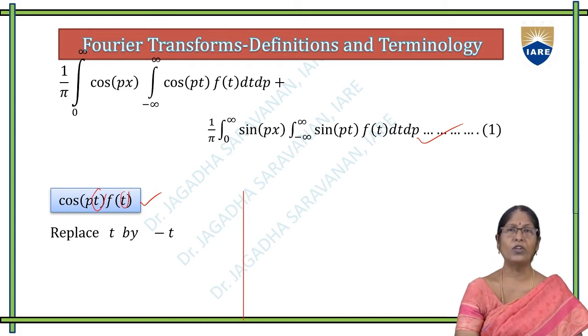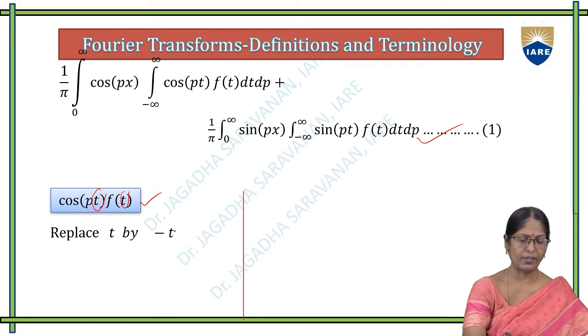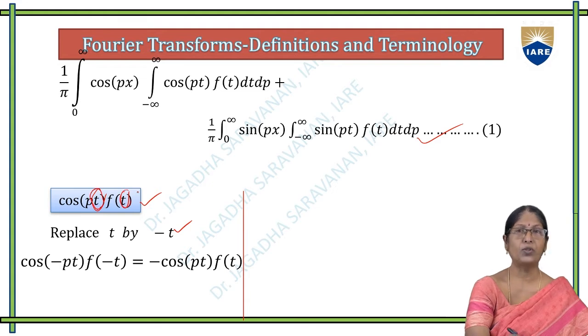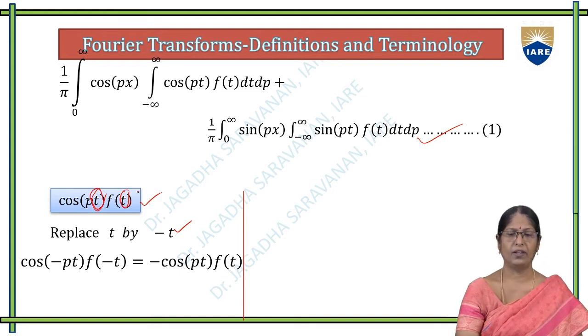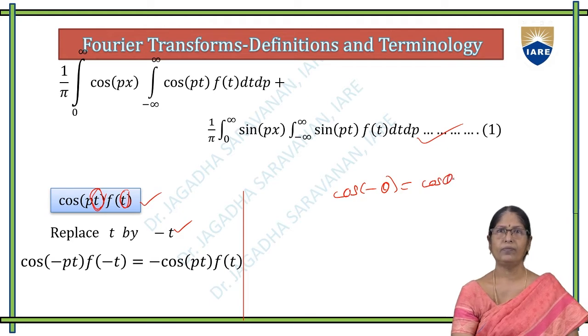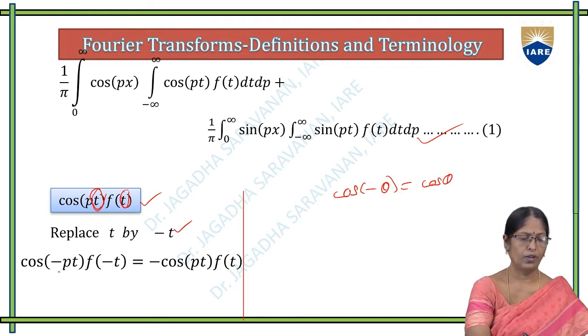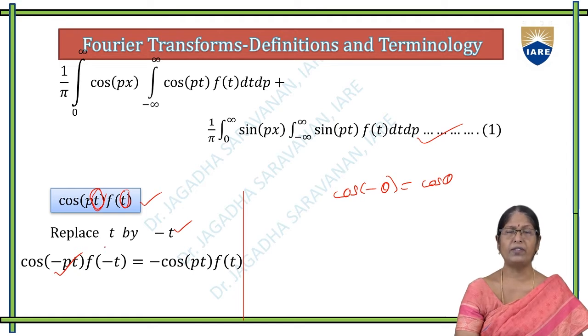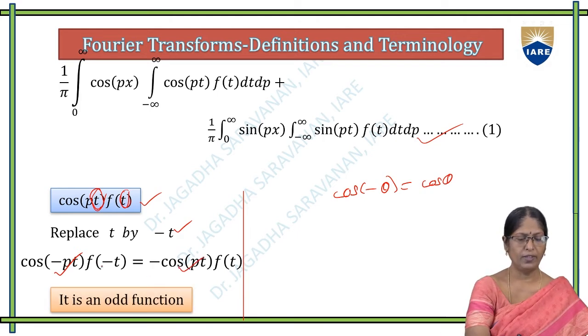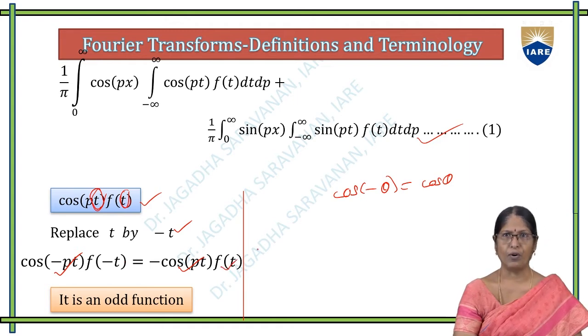The t we are going to replace by minus t, wherever t, we substitute minus t. We know very well cos of minus theta is nothing but cos theta. So here also cos of minus pt is nothing but cos pt, and f of minus t, the minus has come out, it is f of t.